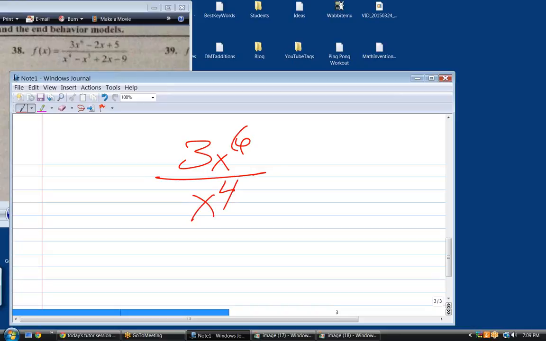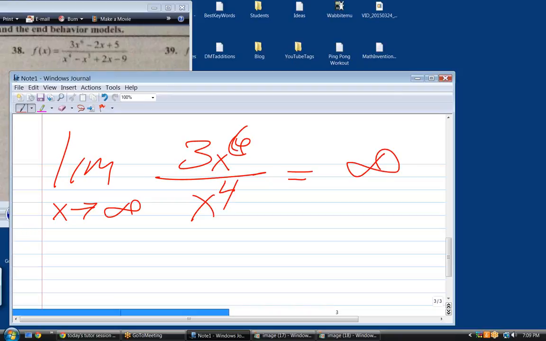Yeah, we have a quiz on limits tomorrow, so... Okay, what's the limit of this as x goes to infinity? As x goes to infinity, it's... is it 3? No. The numerator blows up more than the denominator does. Okay, so it's just infinity.